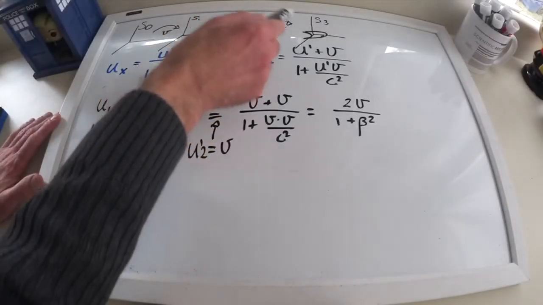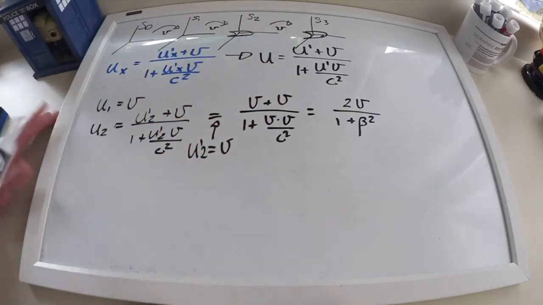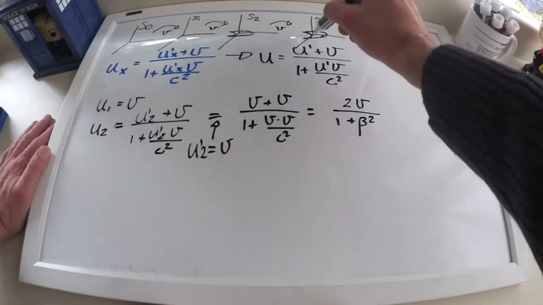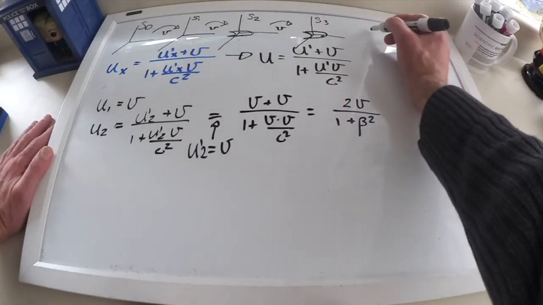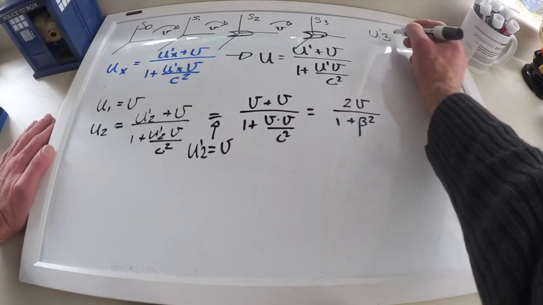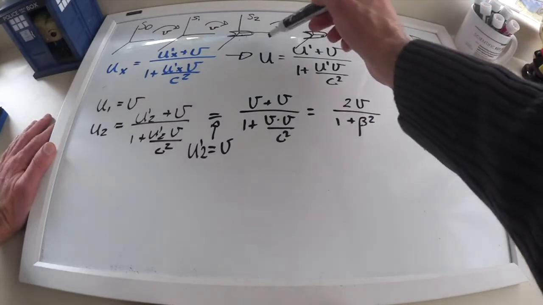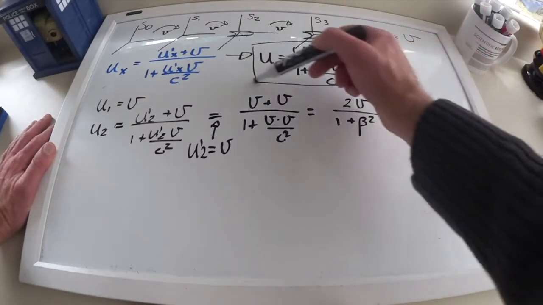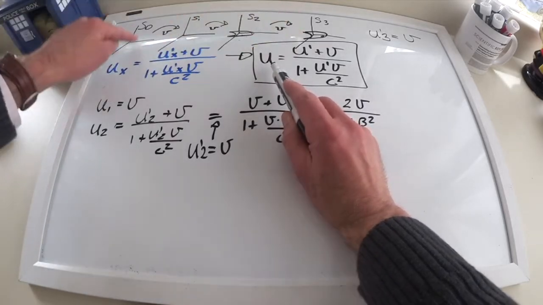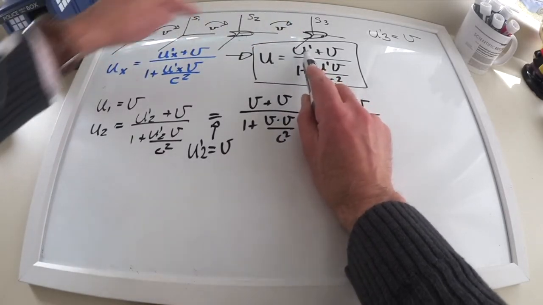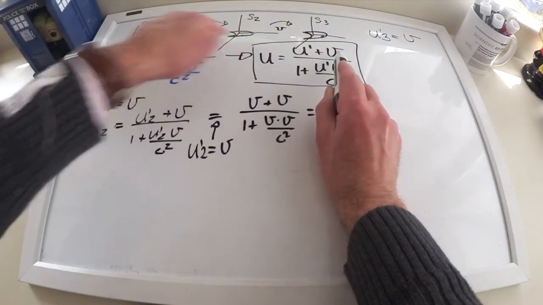After the third boost of velocity that moves the spacecraft from reference frame 2 onto reference frame 3, remember that the velocity that the spaceship has at 3 as seen by 2, which we call u prime 3, is v. That happens for all of them. But now I have to rewrite this equation here. Now I want to find the velocity u3 of the spacecraft as seen from Earth, which will be the velocity as seen from this reference frame plus the relative velocity of these two reference frames.